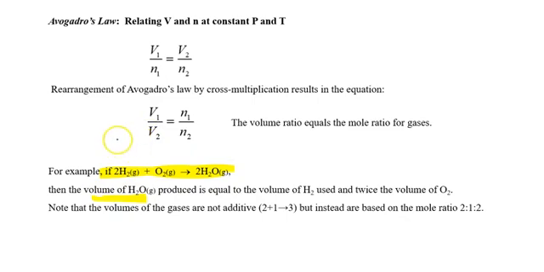So you can't say 2 liters of hydrogen gas added to 1 liter of oxygen gas makes 3 liters of water. It makes 2 liters of water, because we have a reaction going on. And volume ratios in reactions are mole ratios in reactions as long as temperature and pressure are kept constant. And that's kind of huge.